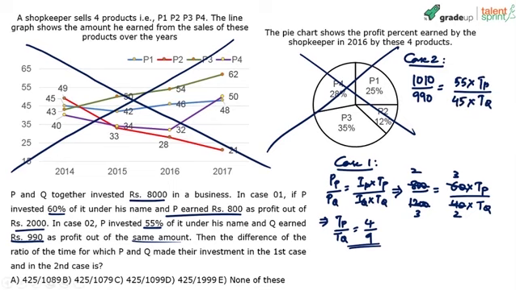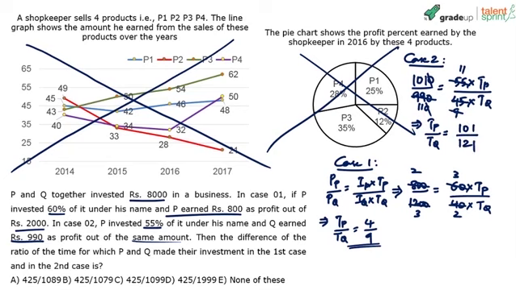Solve for this, what happens? This is like 11 times and 9 times. So 11 doesn't get cancelled there basically, right? So we have TP by TQ for case 2 equals 11 into 11, 121, so 101 by 121.